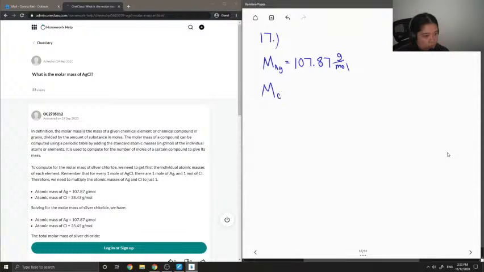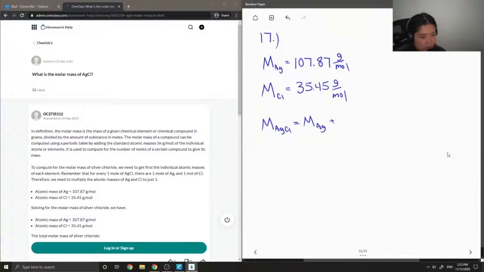And the molar mass of chlorine is 35.45 grams per mole. So the molar mass of silver chloride is simply just adding these two values together.